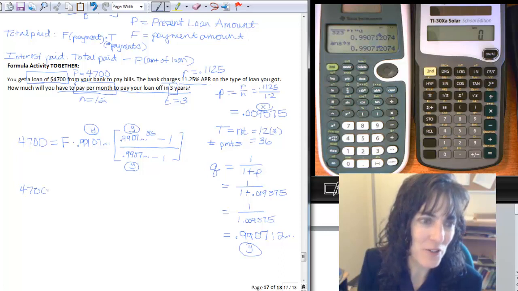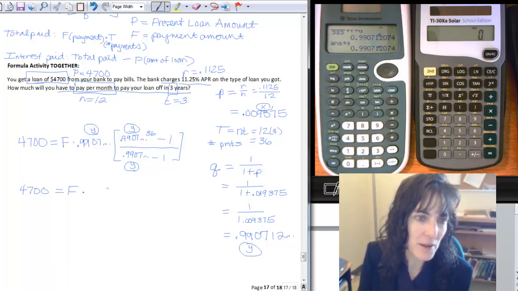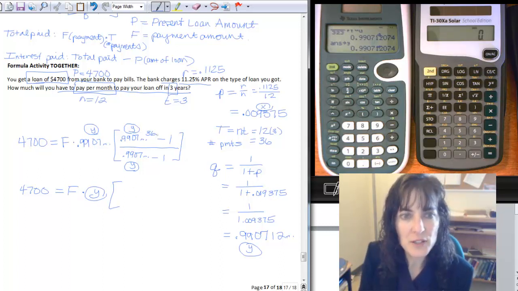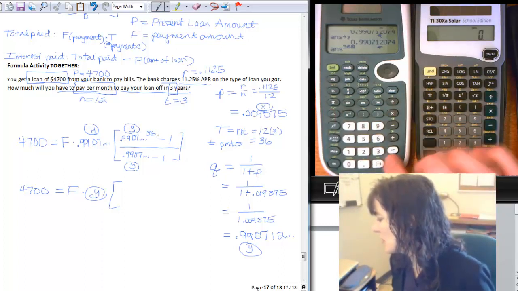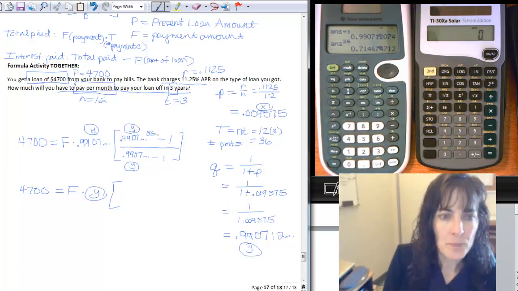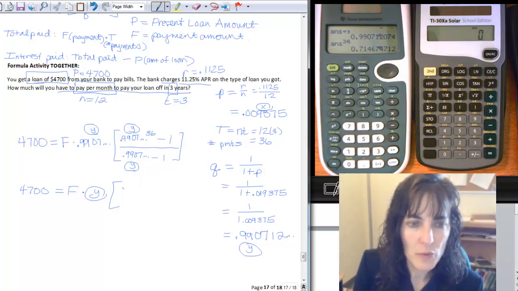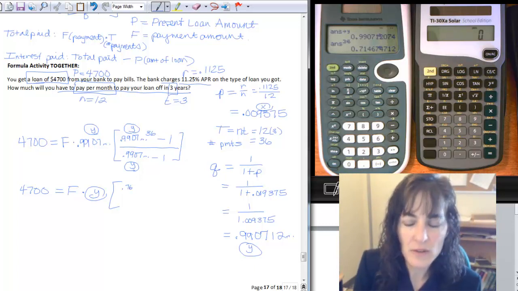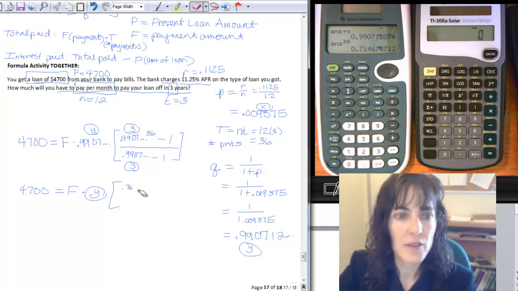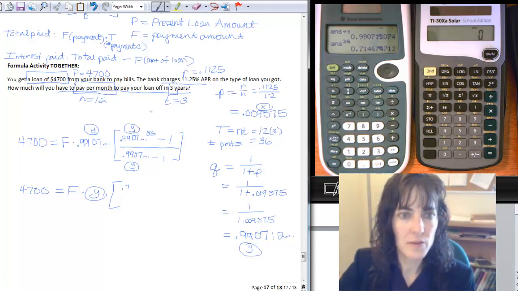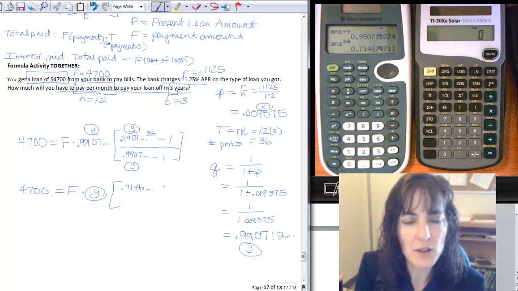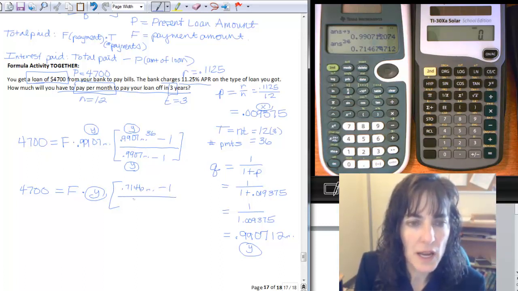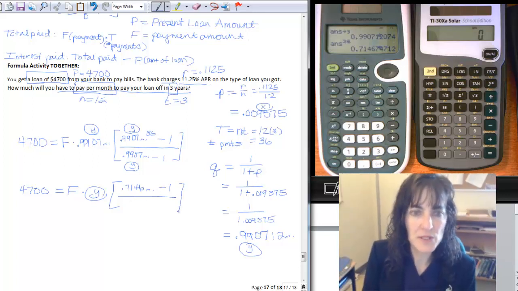So I have $4,700 equals F times, and I'm just going to show this as a Y now. And I need to do Y to the 36. So I have got that sitting on my calculator still, so I'll just do to the 36 equals, and I'm getting 0.7146, and it goes on, minus 1, and in the denominator I haven't done anything yet, so I'm just going to leave it.